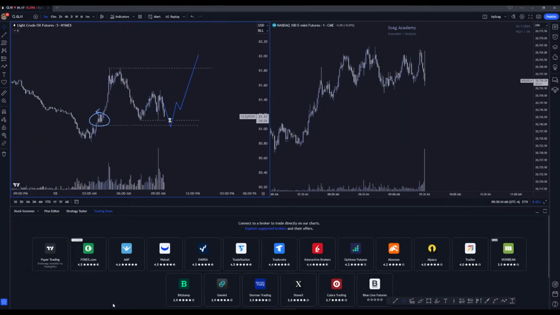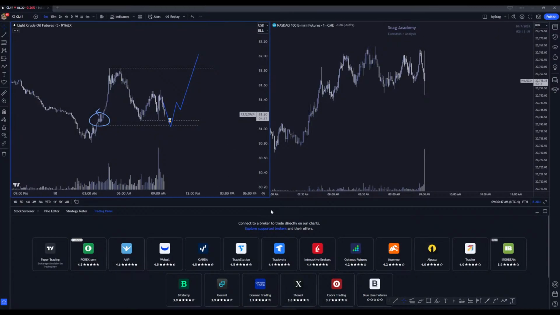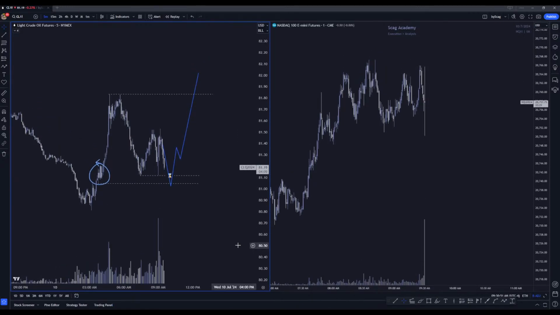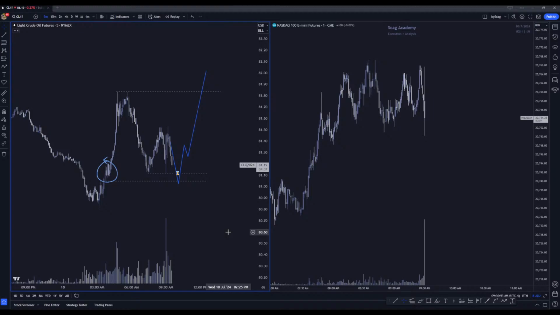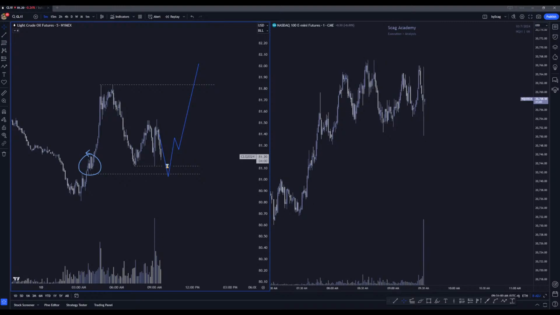But if you hit the trading panel here, you can log into your Tradovate account on TradingView and just trade on TradingView instead. Just log in with your Tradovate credentials, and then you can just move the brackets. But how to do it on the actual Tradovate application, I don't know, because I just log in on TradingView. But if anybody else in chat knows, please let them know.